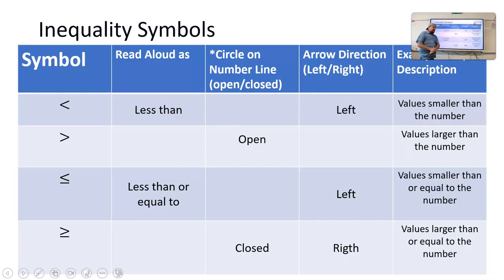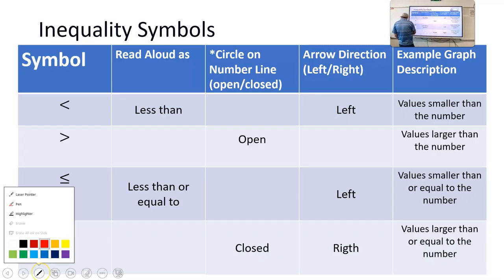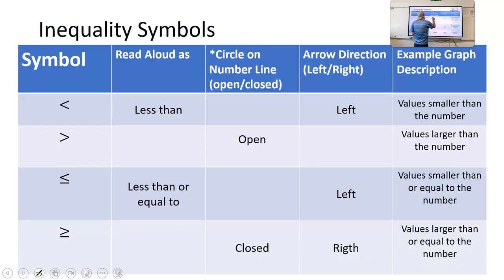So we filled this out in our last notes, but we're going to do it again today, just for a nice little review. So remember, less than is an open circle. Greater than, this symbol down here means greater than.